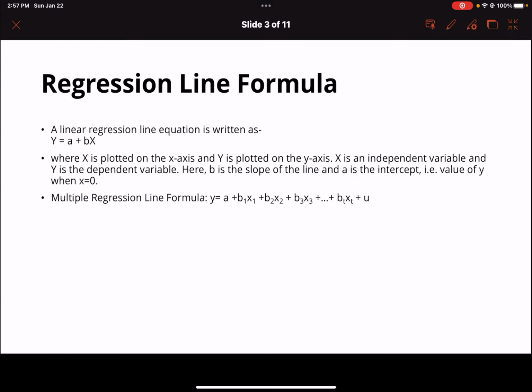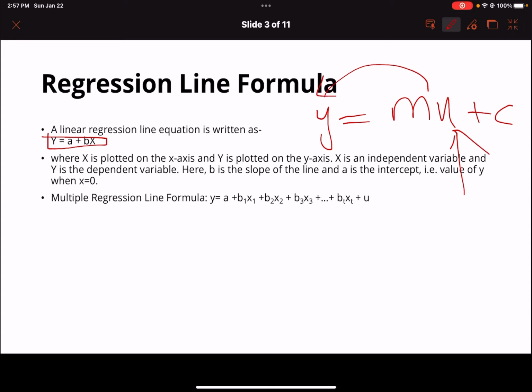We have studied in linear regression the straight line. It can be represented by y = mx + c or y = a + bx, another representation notation. X is on the x-axis and y on the y-axis, and x is the independent variable and y is your dependent variable.